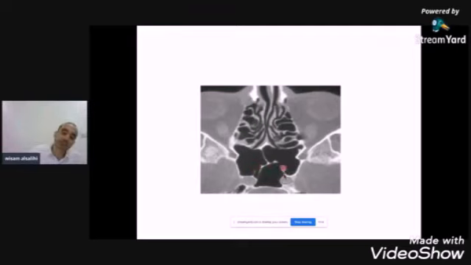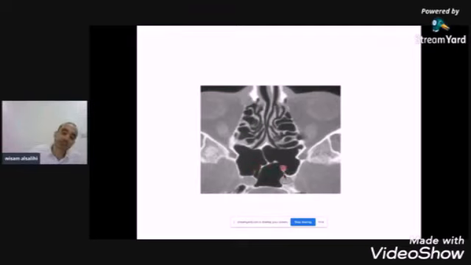So for any tumor or any disease in this area, you have to clear it and keep in mind that the pterygopalatine fossa is more posterior, so there is a retromaxillary cell between the maxillary sinus and the pterygopalatine fossa. This is a sagittal view showing the pterygopalatine fossa and the retromaxillary cell behind the maxillary sinus.